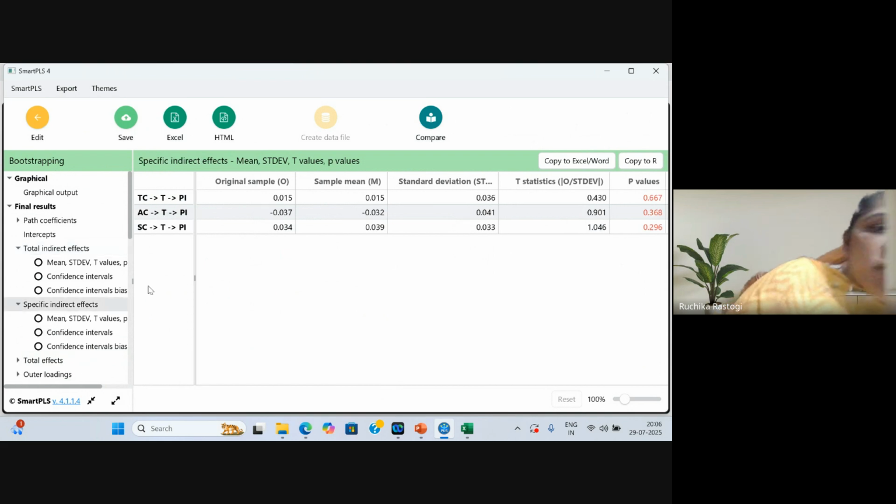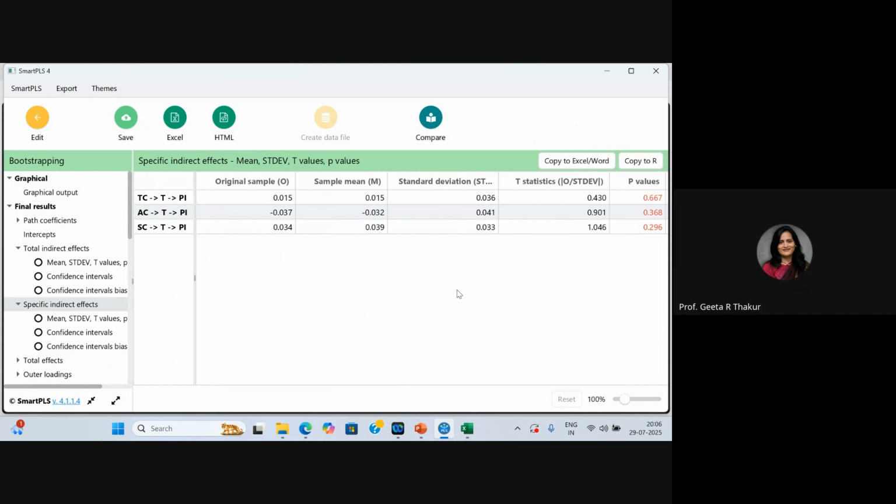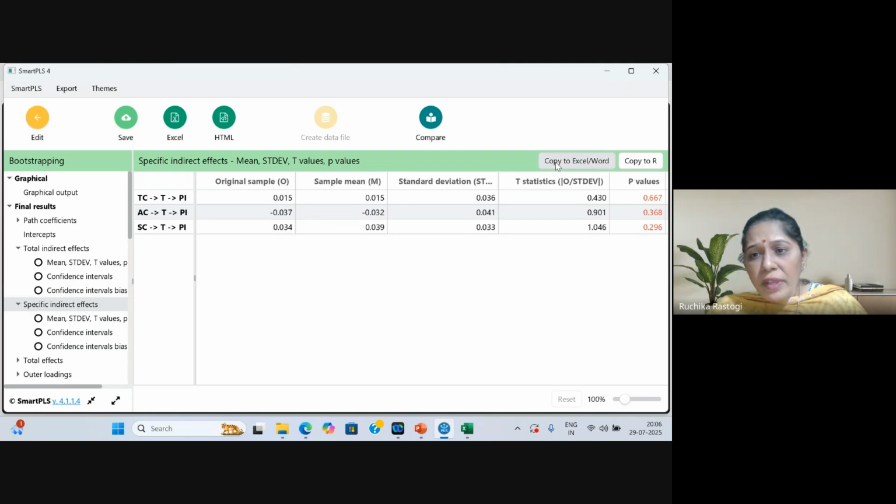We will not see total, we will see specific indirect effect. We have seen it in the last one also. Are you able to see the indirect effect, you all? This table is coming. Please tell me so that I can move it further. Okay, we will copy this data again.